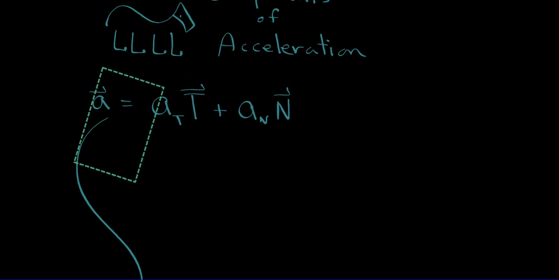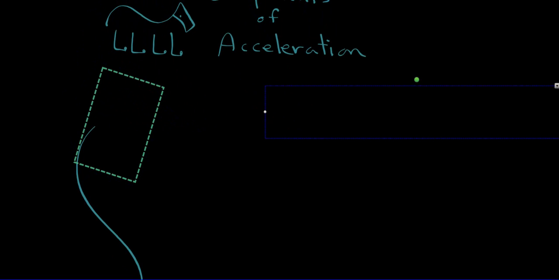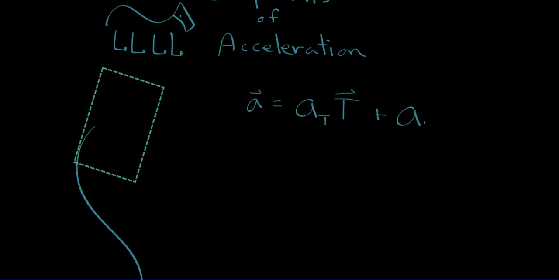Okay, so now let's do this. Let me just move this over. I've got a little box here because here's what I want to do. Now let me rewrite this. Acceleration is the tangential component times T. Okay, so let's suppose. Now, I drew this box here because what I want to do is make a vector here.